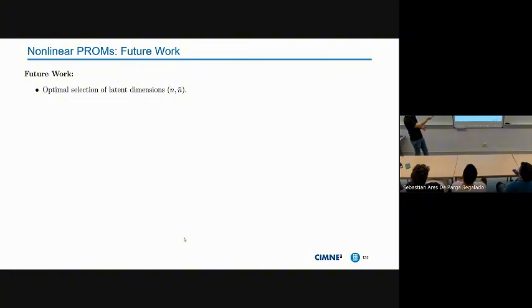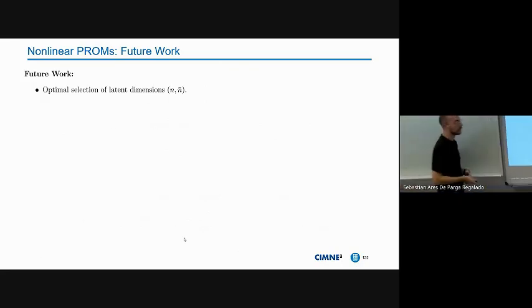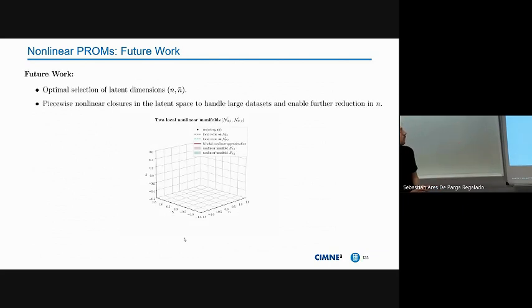The n bar is often selected by some energy truncation of the singular values. You can also select energy truncation on each one of them as another alternative. But we need an optimal selection, an optimal artifact or function that allows for that selection.